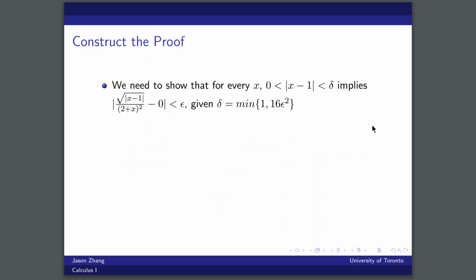Now we need to construct our proof. So to do that, we need to show that for every x, this inequality implies that the absolute value of f of x minus L is less than epsilon, given that we know our definition of delta.